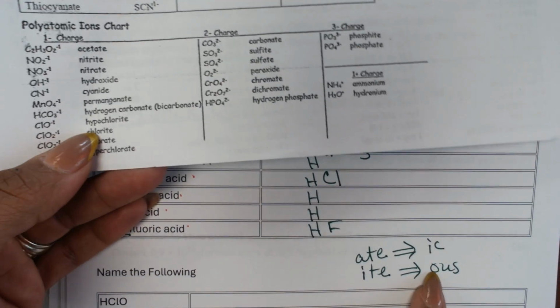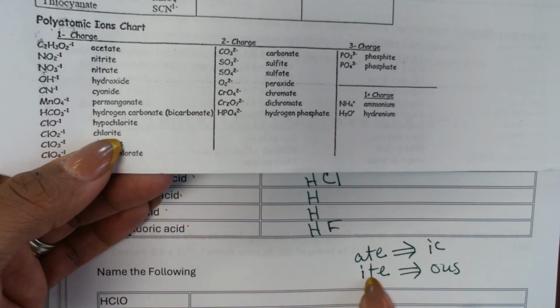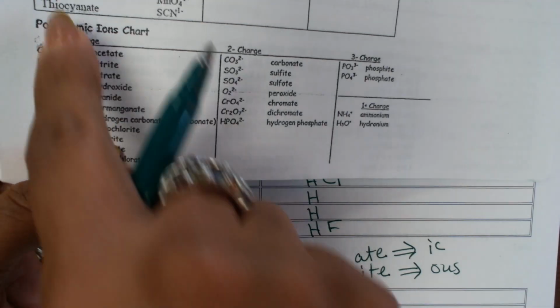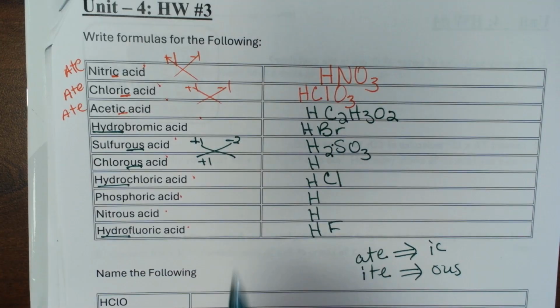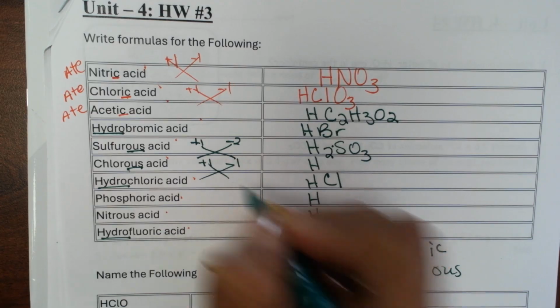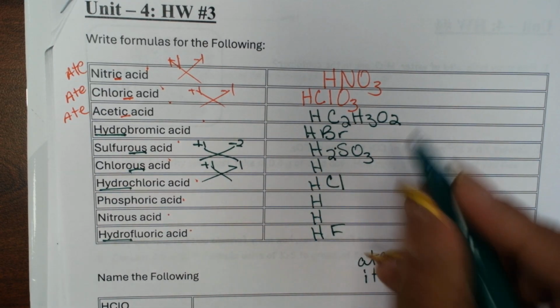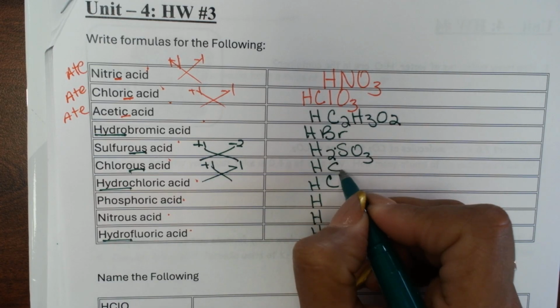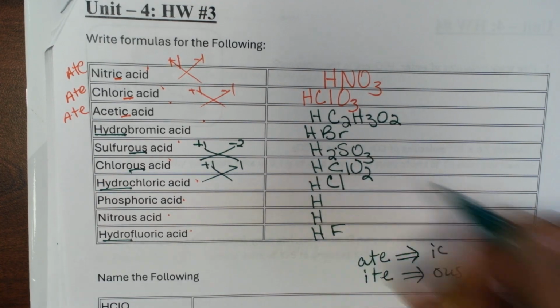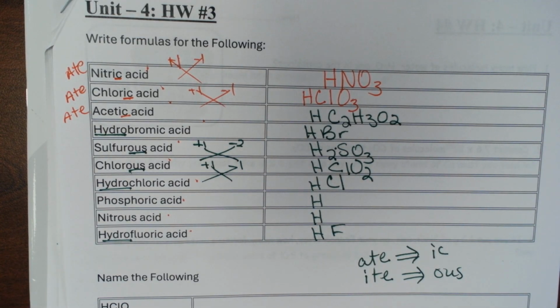It's an OUS, so it needs to end in ITE. It's a -1 charge, crisscross that over, so no number behind the H, then it's just going to be HClO2.